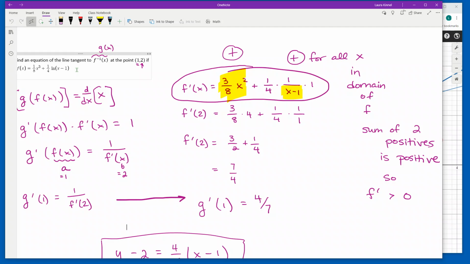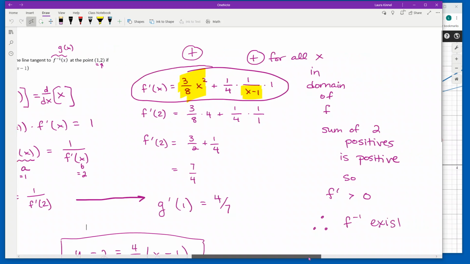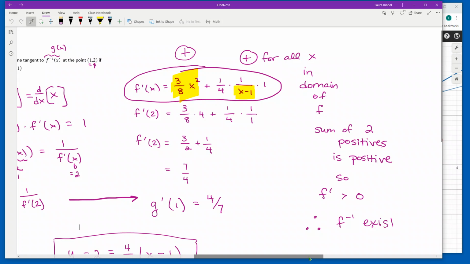Therefore, f inverse exists. So that's just another little piece it's possible you would be asked to do sometime, is to use the sign of the derivative to show that the function has an inverse.